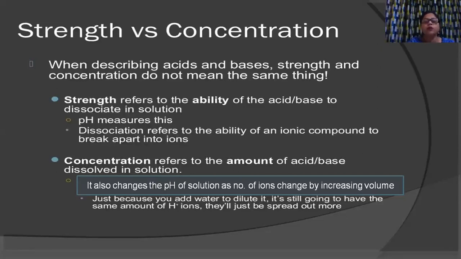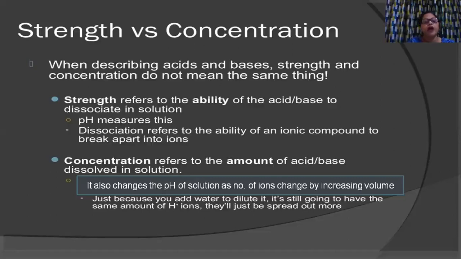There is more water in a dilute solution, whereas in a concentrated solution, the percentage of acid will be high. It also changes the pH of the solution, as the number of ions per volume changes by increasing the volume of water.